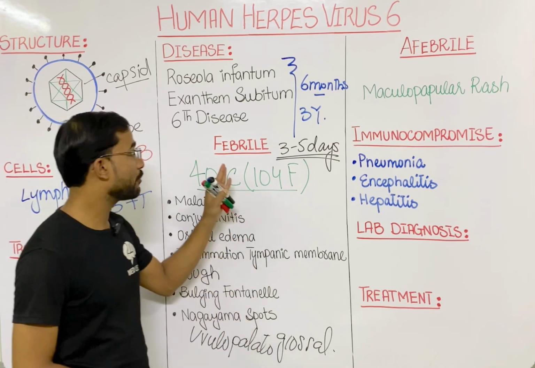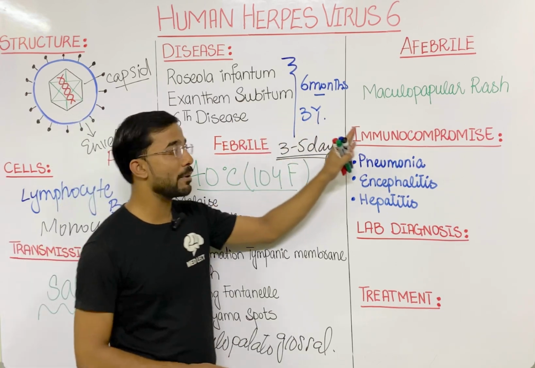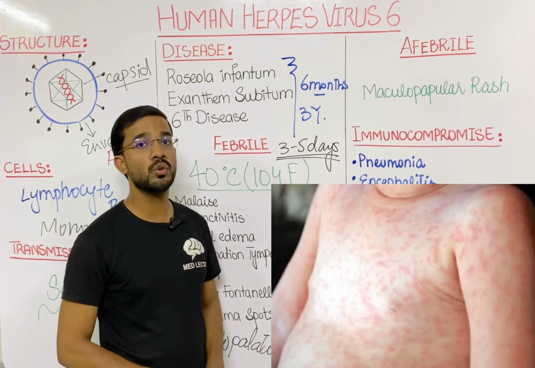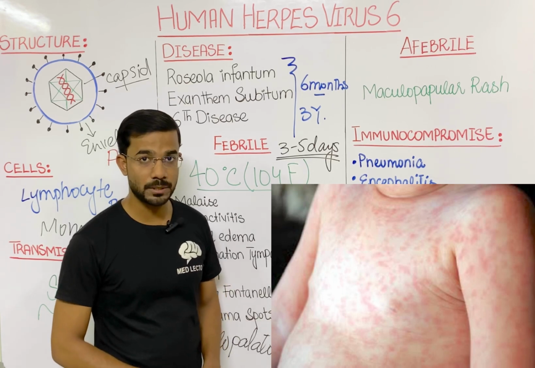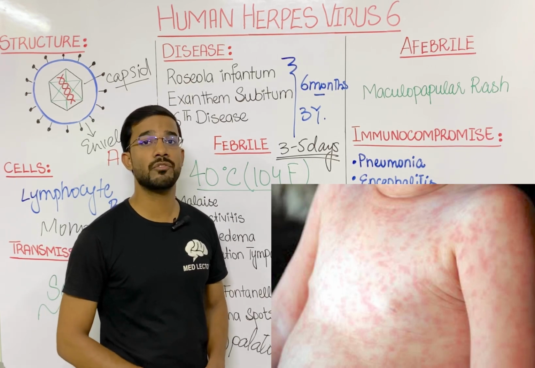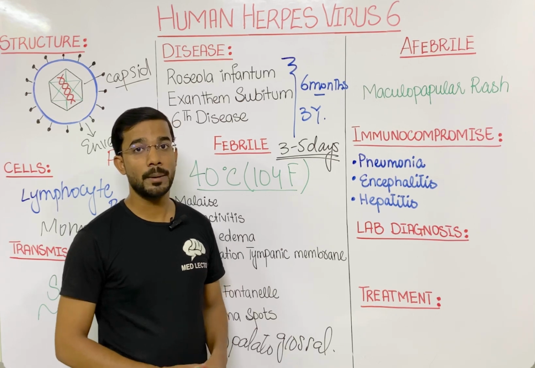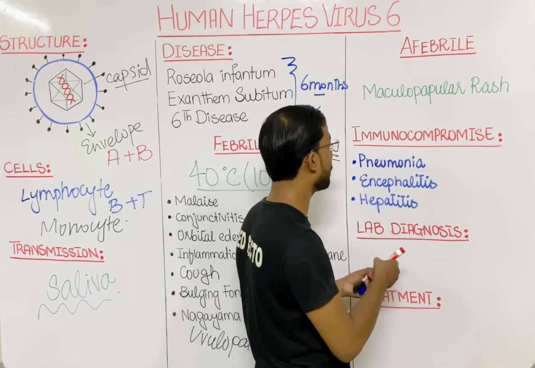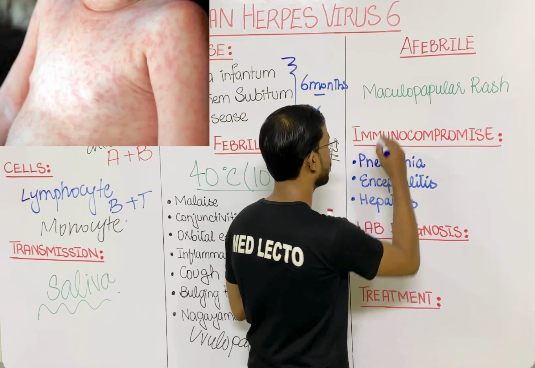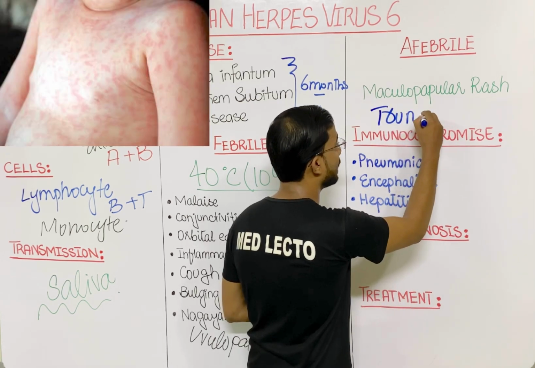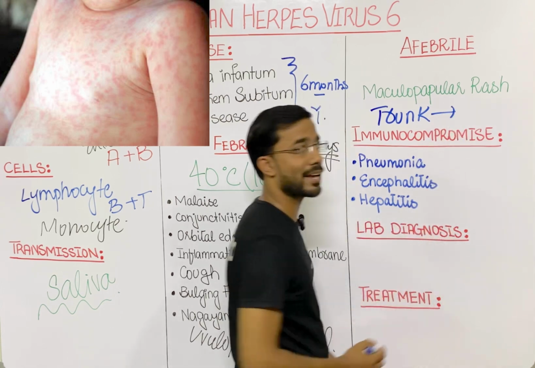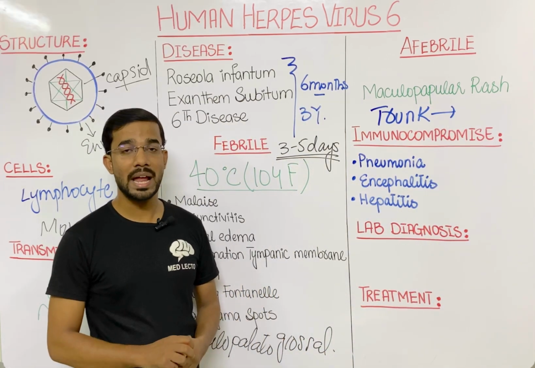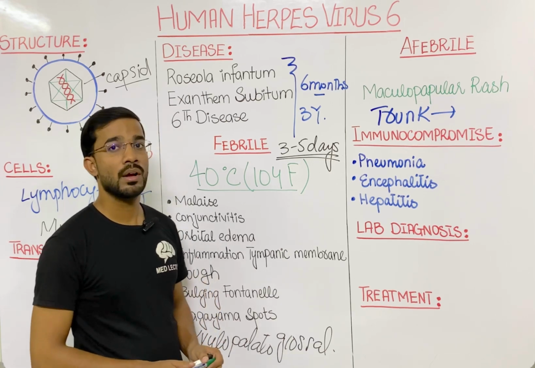Next, after the febrile phase, you will see the afebrile phase. In that case, you will see the maculopapular rash, and this rash will be red or pink in color. The rash first appears on the trunk, and then goes towards the extremities, like the hand and leg, or the face.